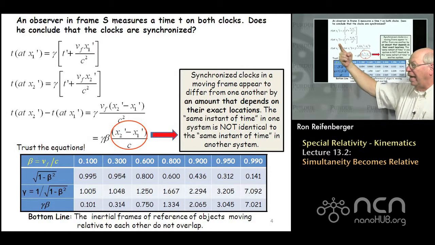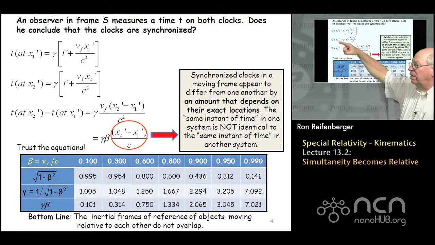Likewise, the time that the observer in the S frame measures on the clock at position x2 prime would be equal to gamma times the time t prime that the observer in the reference frame S prime measures, plus this correction term that depends on the position of the clock in the primed reference frame. That position is x2 prime. And then we can ask the question, what's the difference in these two times?